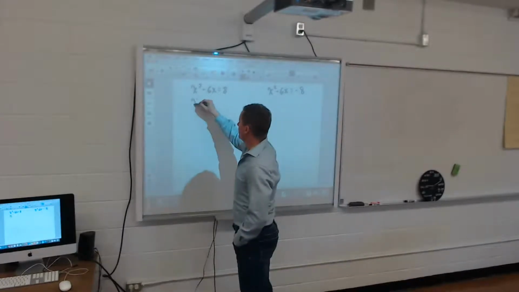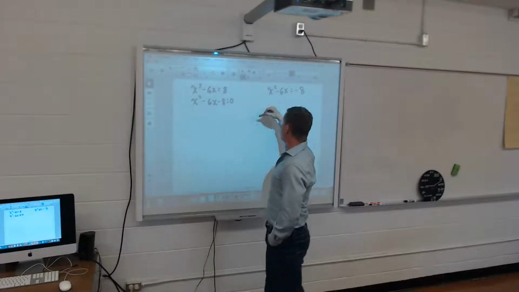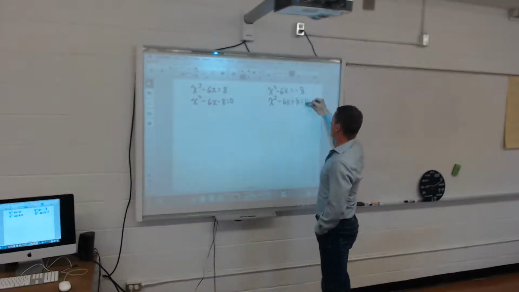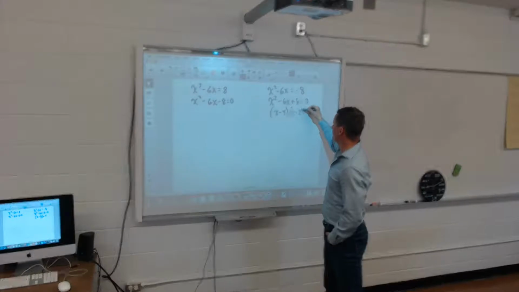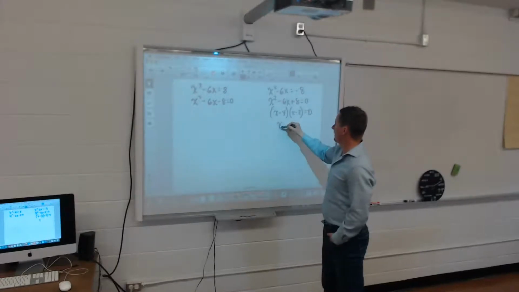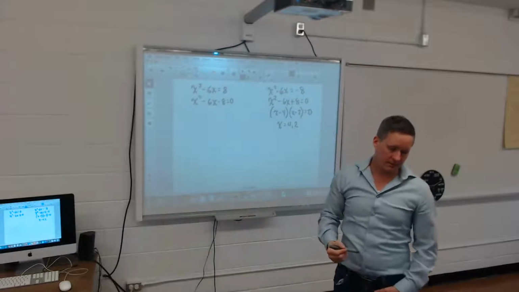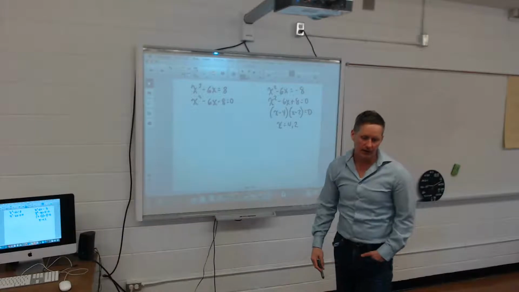Get it equal to 0. x squared minus 6x minus 8 equals 0. x squared minus 6x plus 8 equals 0. This one is factorable. x minus 4, x minus 2 equals 0. x is equal to 4 and 2. So that one's pretty straightforward. That's easy enough.